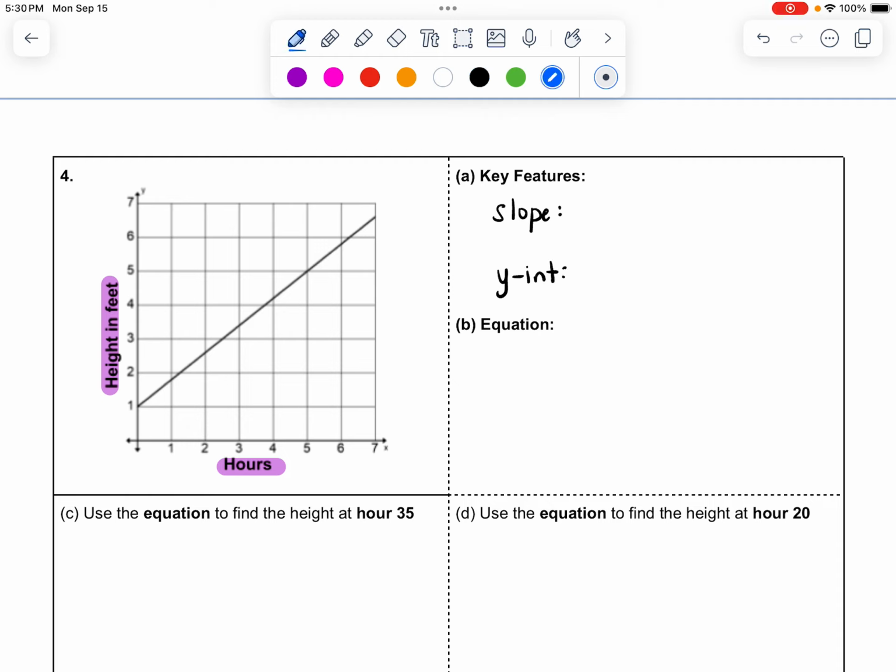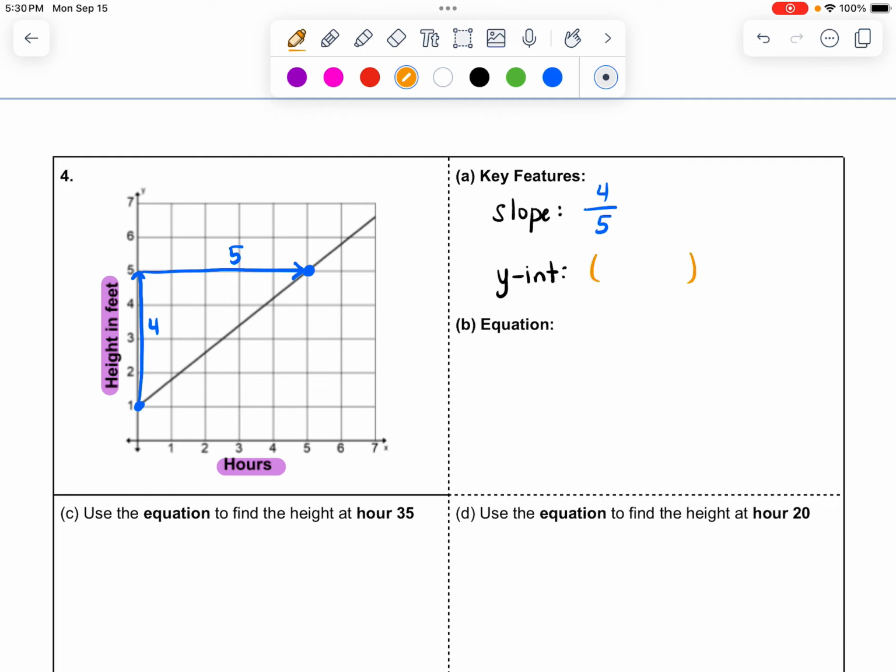To find the slope, I'm going to find a few nice points on the graph. Then I'm going to count the rise and the run. I need to go up 4 spaces and to the right 5 spaces to move between points here. So my slope would be 4/5.